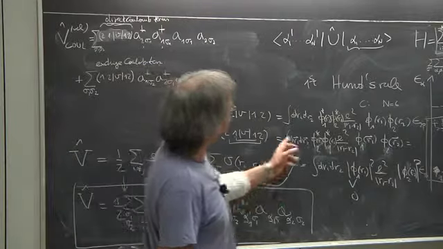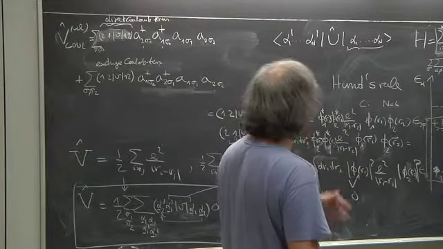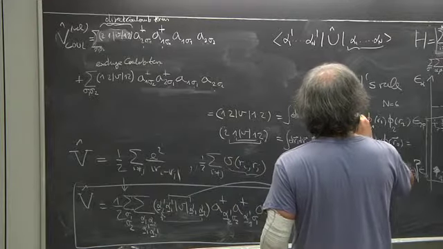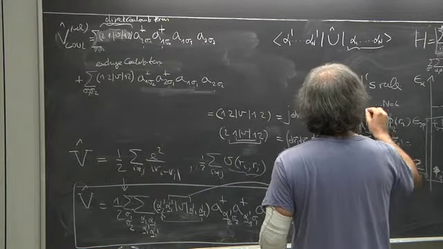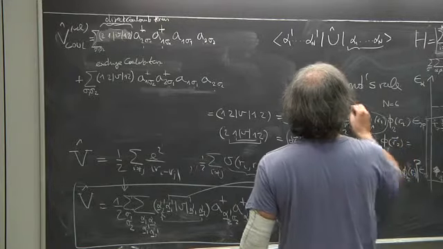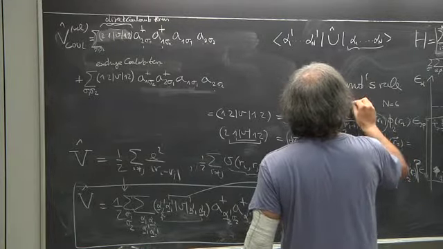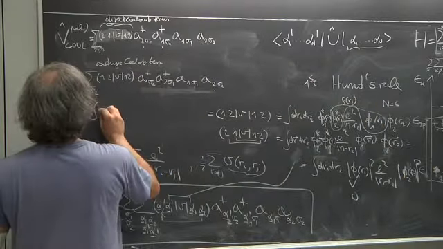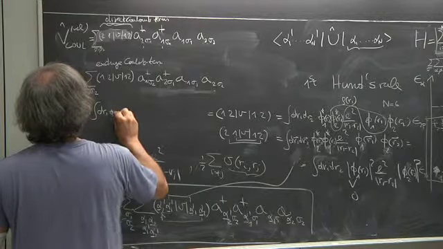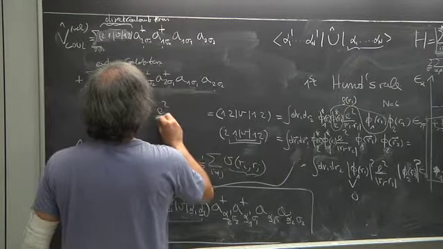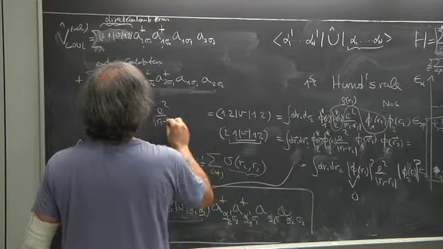Now, the object that you have there, you can write in the following way. Call this object rho of R1. Okay? So let me write it. Integral in d R1, d R2. You see I have e squared over R1 minus R2.